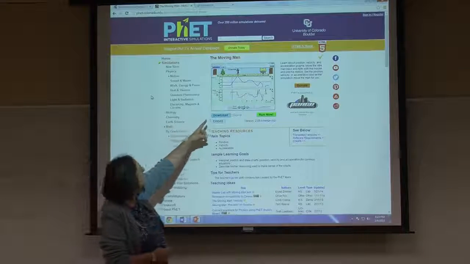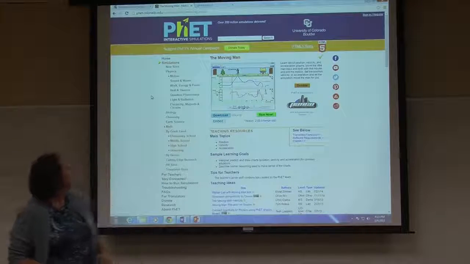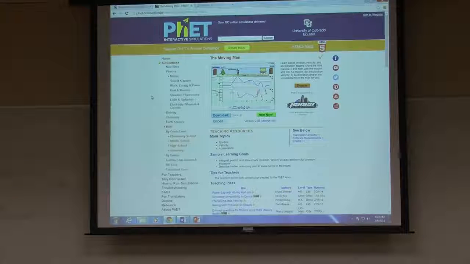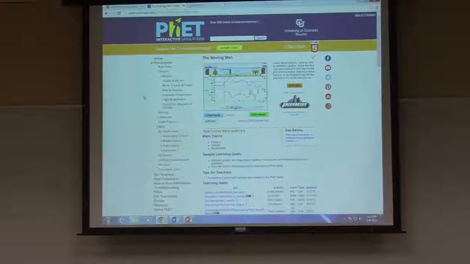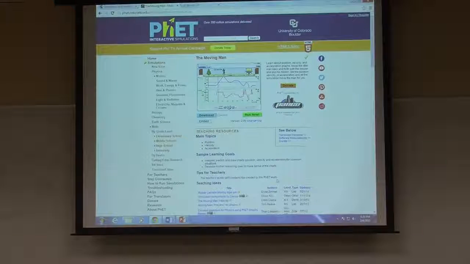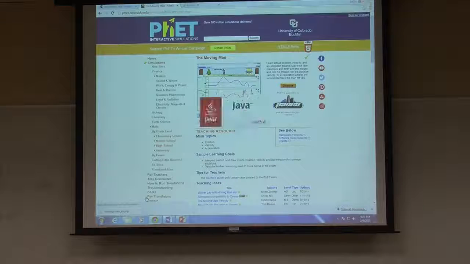I did look at this one, and basically what it's doing, let's see if we can run it. What it's doing is showing a graphic representation. I think I have to install it, unfortunately. It's supposed to run now. Oh, Java, there we go.